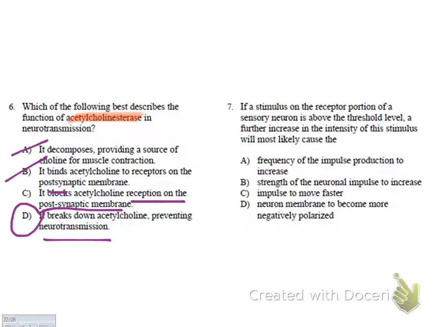Okay, the next question says if a stimulus on the receptor portion of a sensory neuron is above threshold, a further increased intensity of the stimulus would most likely cause. So if you look at the graph, there's your resting potential here, and then threshold is negative 55, action potential is 30.